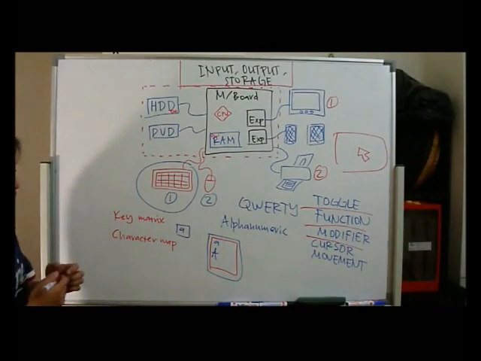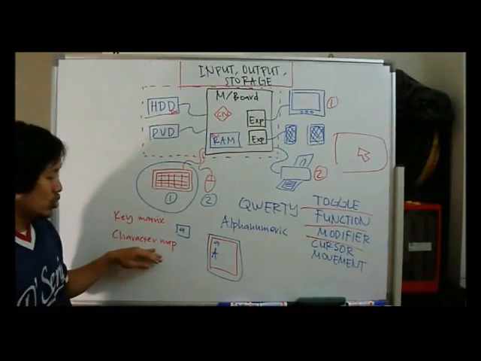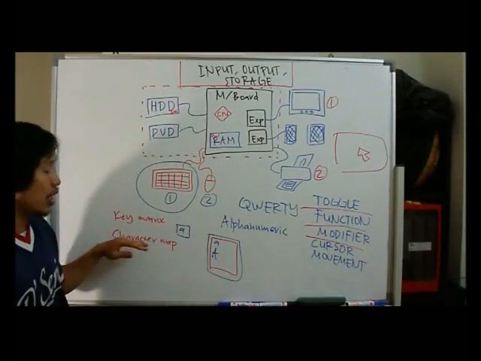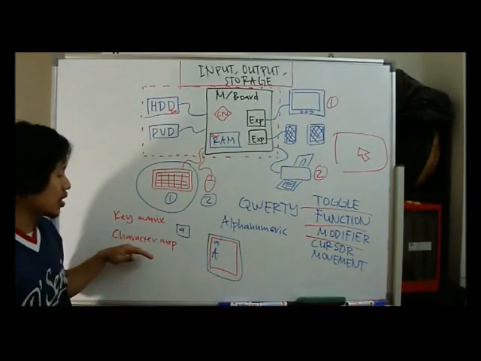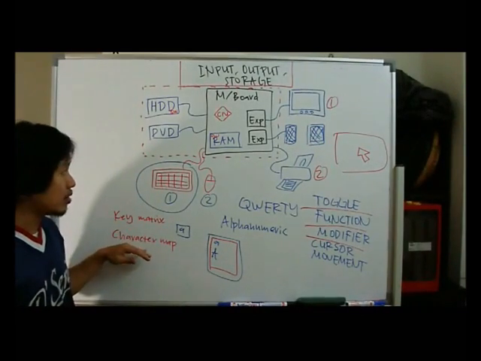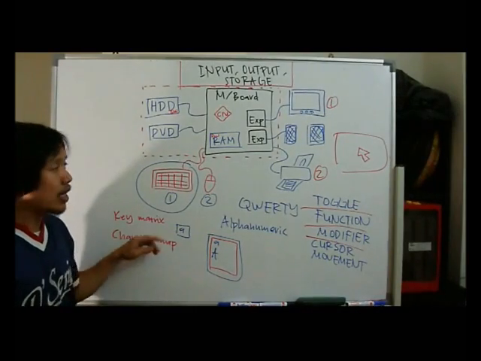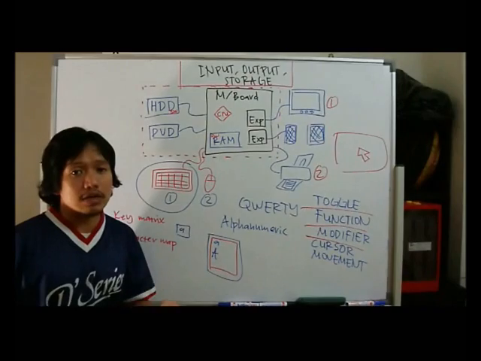So the character map is basically what the operating system knows, or rather what the CPU knows, with regards to what kind of input it is. Meaning once you have a certain electrical impulse, the CPU will then know what to process depending on the kind of software which resides in the RAM currently.